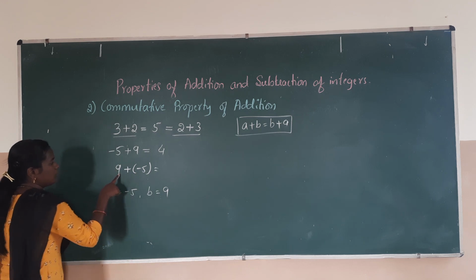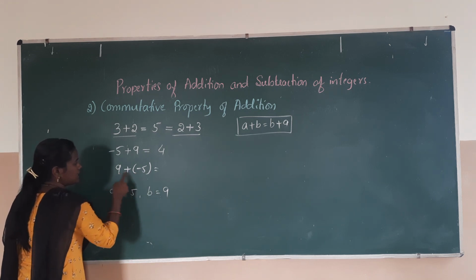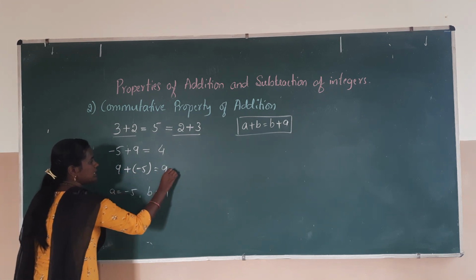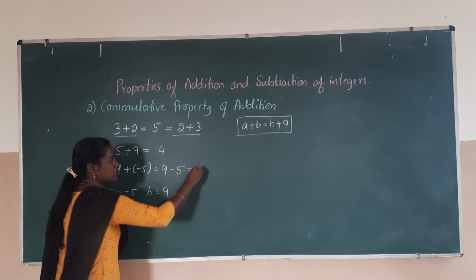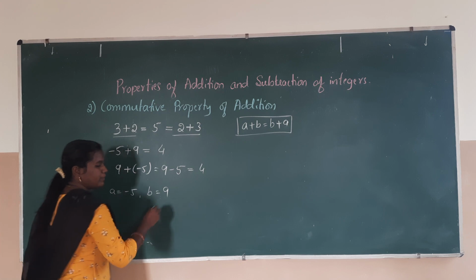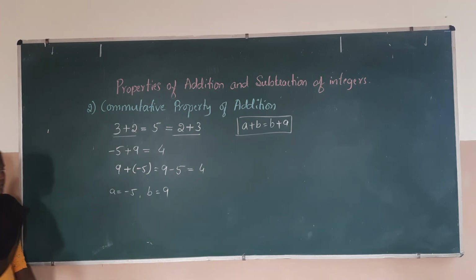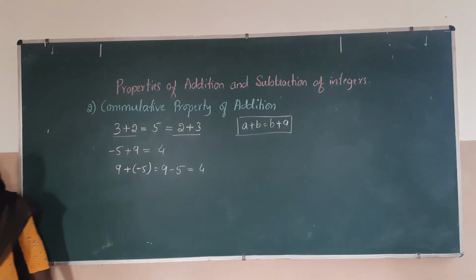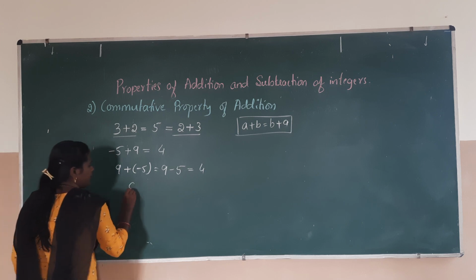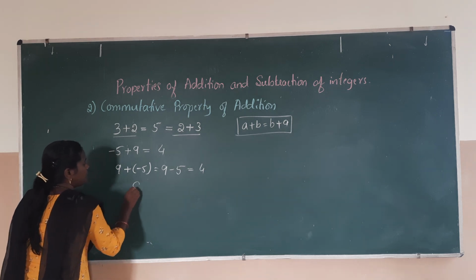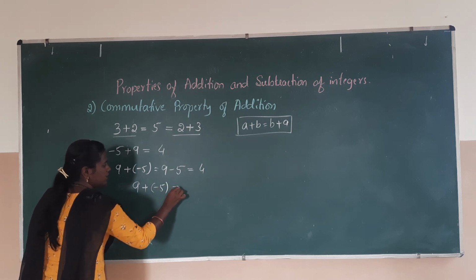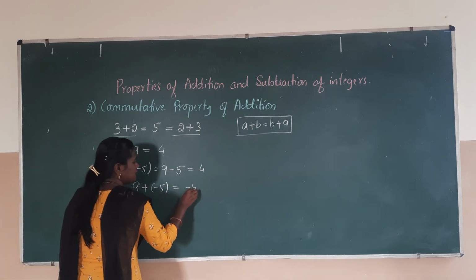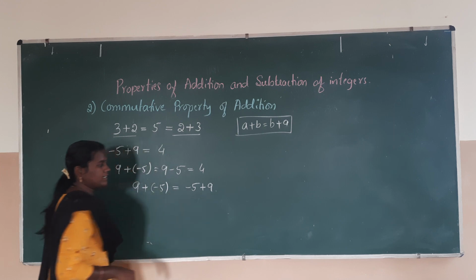Now I am going to check whether these two are equal or not. 9 plus minus 5 is 9, plus into minus is minus 5. 9 minus 5 is of course 4. That implies that 9 plus minus 5 is equal to minus 5 plus 9.